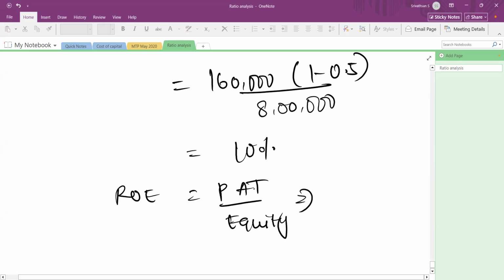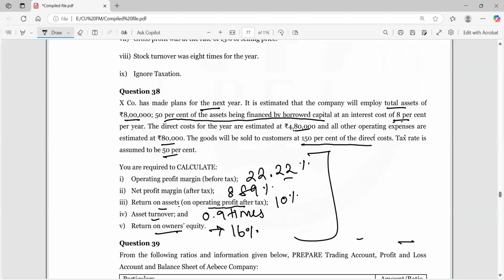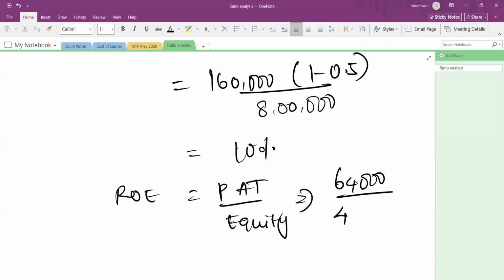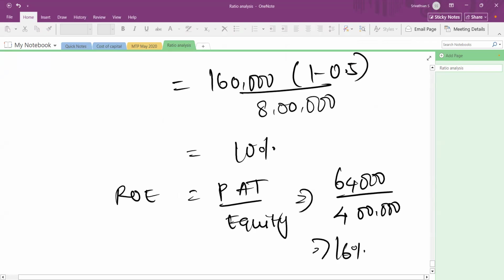Profit after tax is 64,000. In this question, total asset is 8 lakh, out of which 50% is debt, remaining 50% is equity. So 64,000 by 4 lakh, we get 16%. Got it?